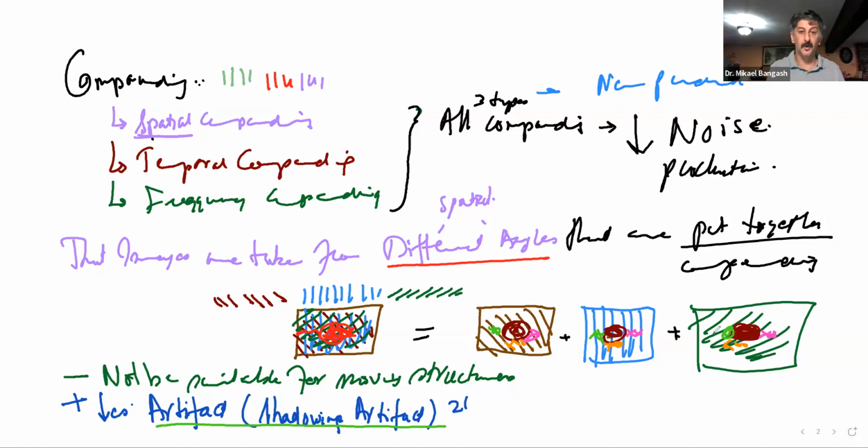But if you throw lights from different angles, what would that cause? That shadow is going to be eliminated.